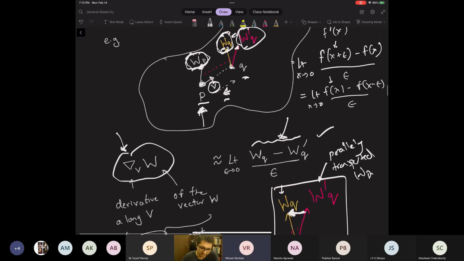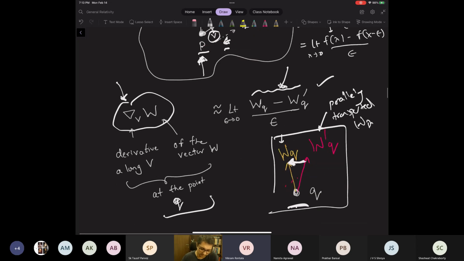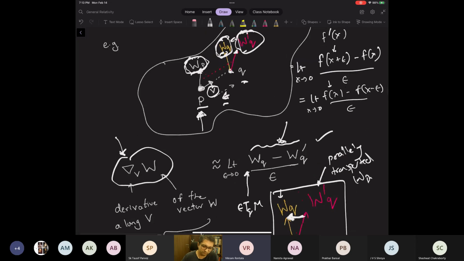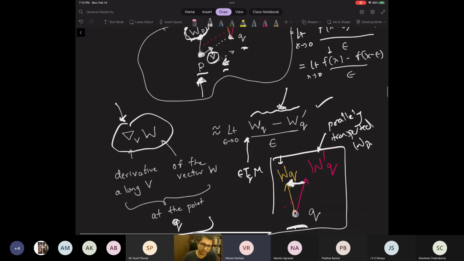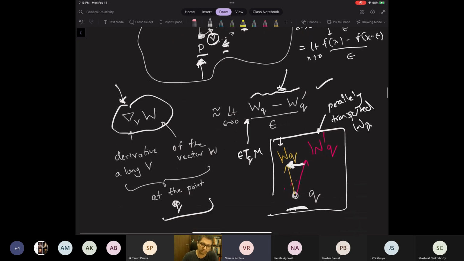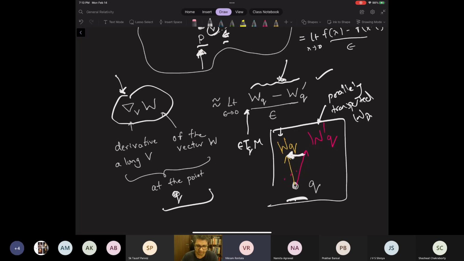But the point is, as you correctly pointed out, the way I've done this would now be a vector at TQM. Now if P and Q are infinitesimally close together, once I've defined the derivative, then I don't worry about the difference between P and Q anymore. Once you've taken the limit, you can say that this is the derivative either at the point P or the point Q. Those points are infinitesimally close together, so I don't need to distinguish between them anymore.